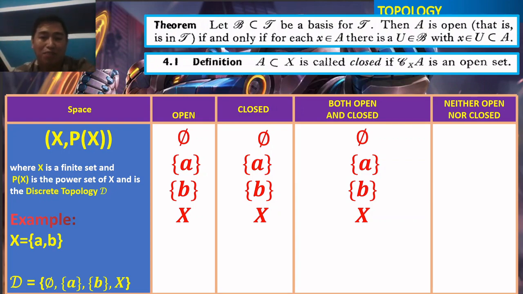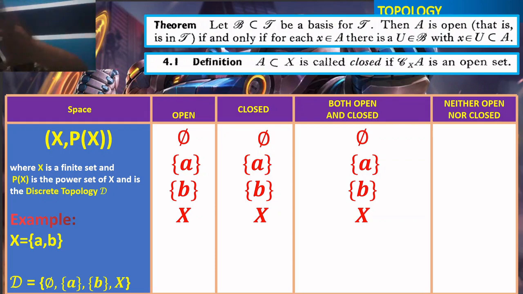Next, the complement of the set containing A is the set containing B, which is also in P. And the complement of the set containing B is the set containing A, so those are closed too. Therefore, actually, they are all both open and closed sets.